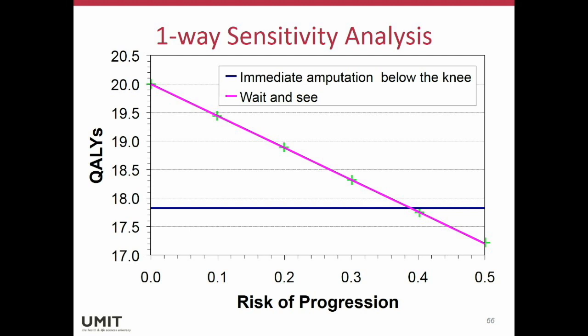So I can go to my colleague and say, you're thinking the progression rate is much higher. If you think it's higher than 0.4, you shouldn't go for the wait and see. But if it's lower, you could. So I can leave the judgment to him. I don't even have to know his threshold, or in his clinic or in his experience the progression rate.